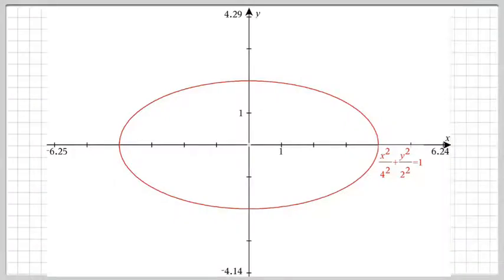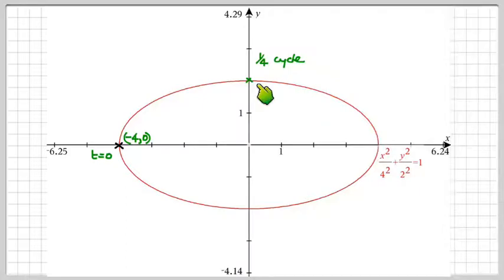There is our graph. There is my starting position. As I worked out on the previous screen, when t was 0, we were at minus 4 and 0. Now, look, there's where we are after a quarter cycle, right? So the only way to get from there to there over the course of a quarter cycle, and by the way, we don't use half a cycle because that would get us over there and we wouldn't know which way we went, either on the up part of it or the down part of it.